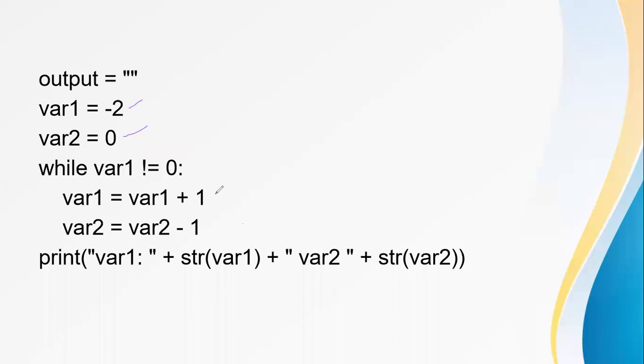That is, in the first round it will become -2 plus 1, which is -1. Variable 2 is 0 minus 1, which is -1. Now the loop will iterate.